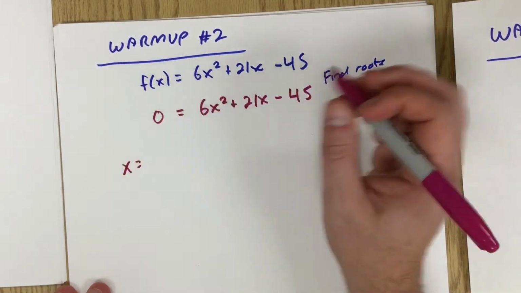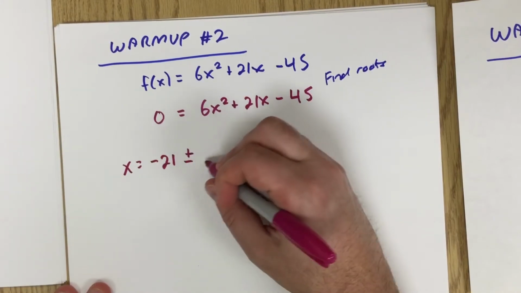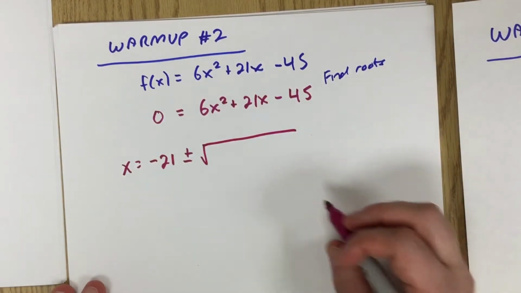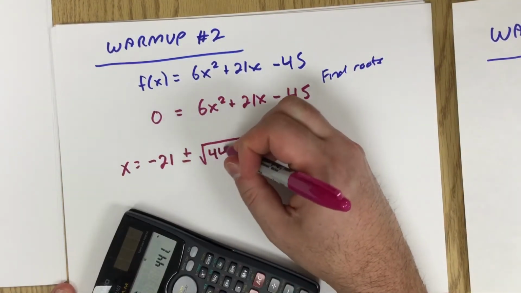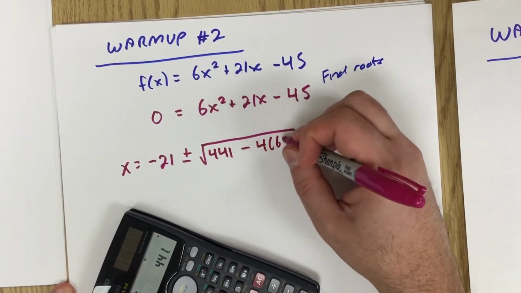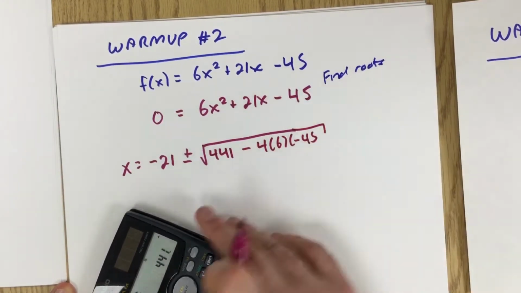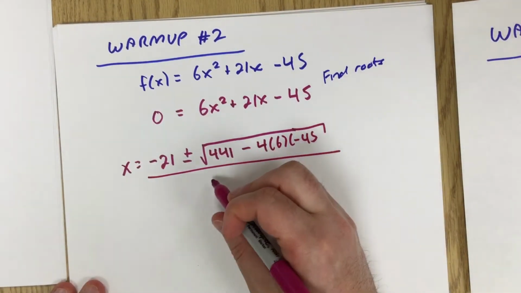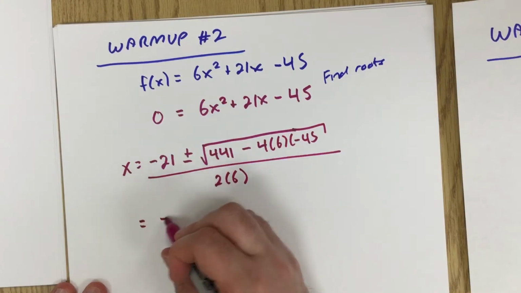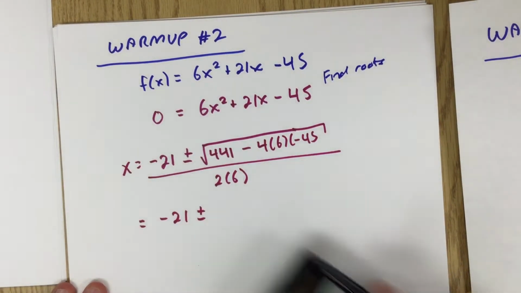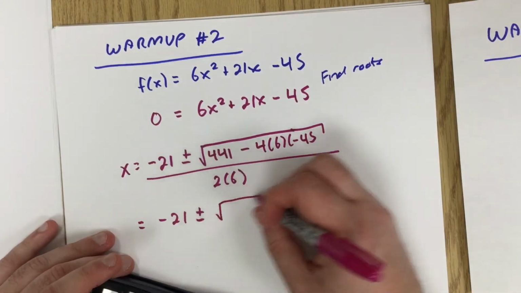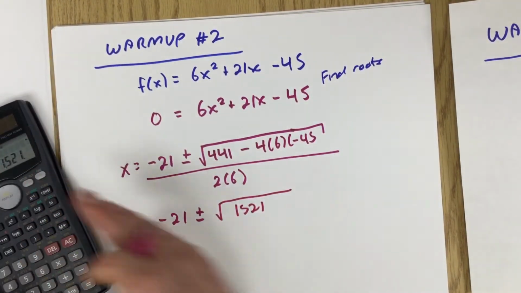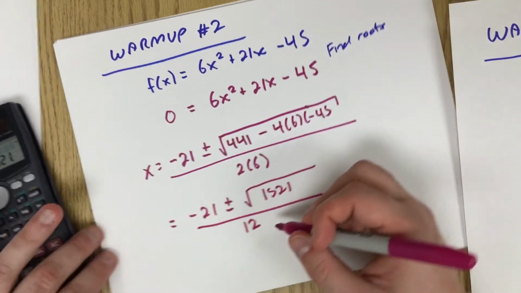So x is going to be negative 21 plus or minus the square root of 21 squared. Oh, we've gone a bit beyond doing it in my head point. 441 minus 4ac, all divided by 2 times 6, which is minus 21 plus or minus the square root of 1521 over 12.